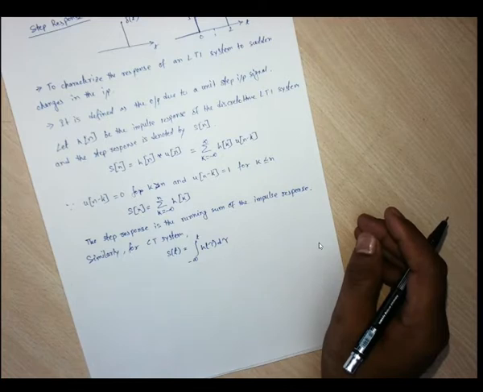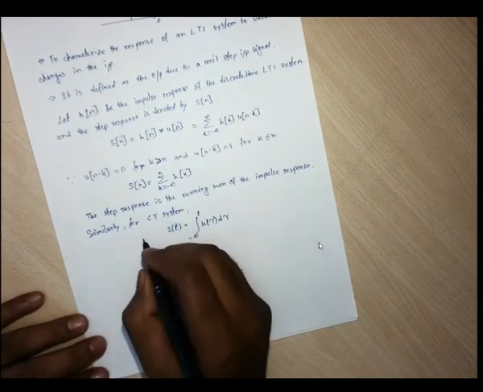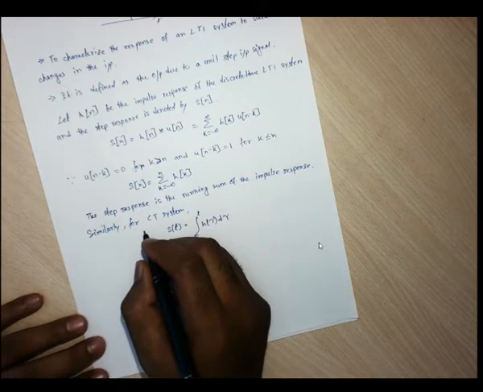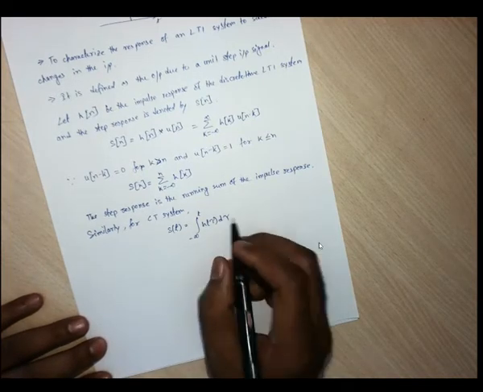Now if we want to extract the impulse response from this step response, what will it be? We invert the relationship to express the impulse response in terms of the step response.